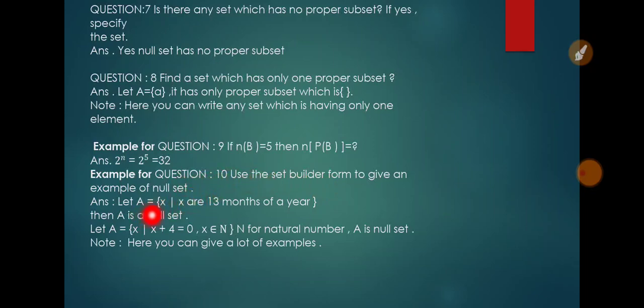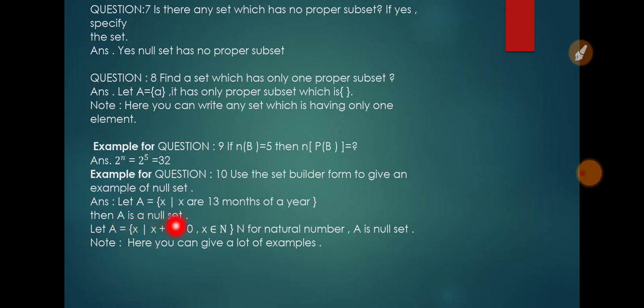Suppose let A is equal to {x such that x are 13 months of a year}. This does not exist because there are 12 months in a year. So this is a null set.